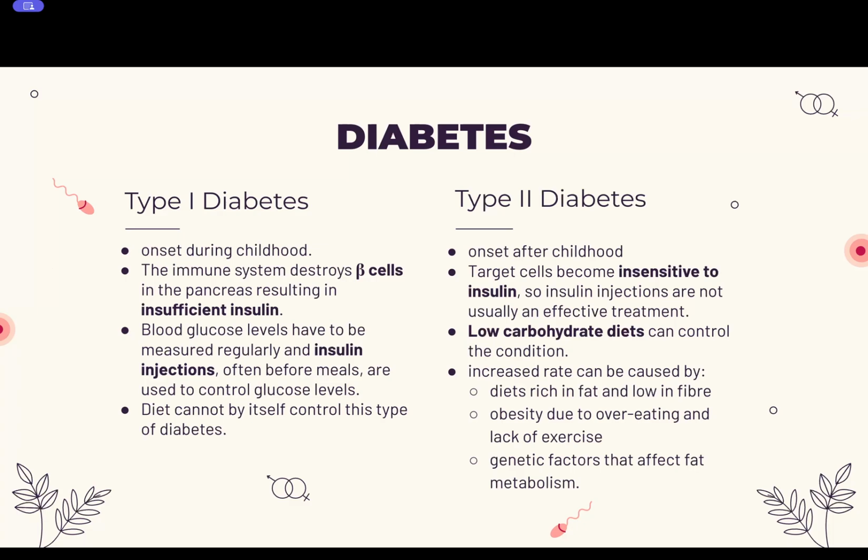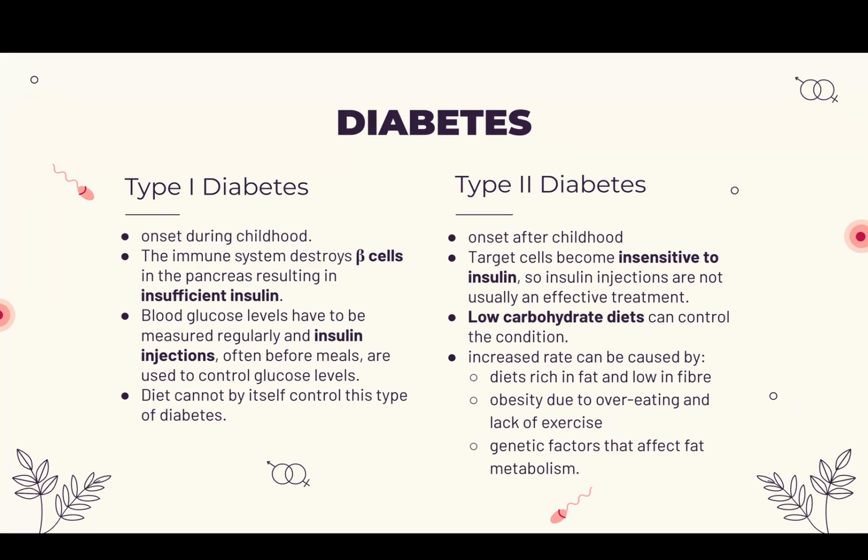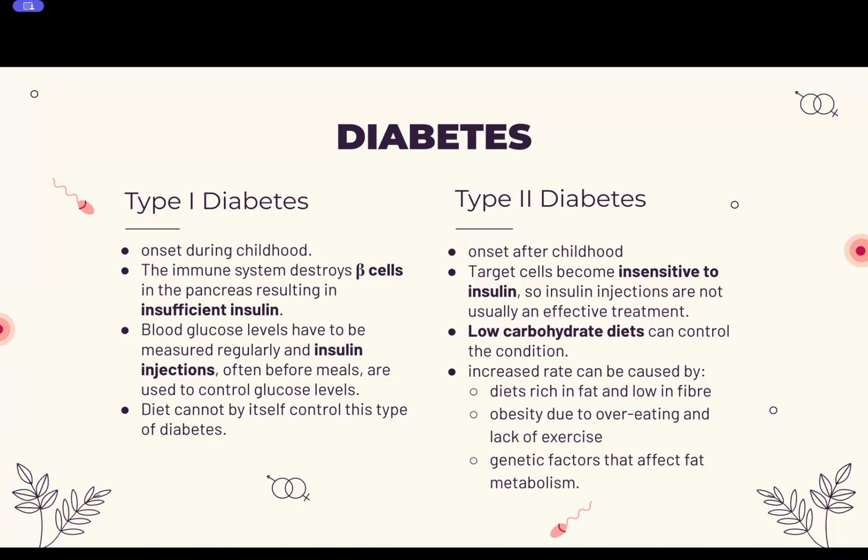Diet by itself cannot control this type of diabetes, because high blood sugars can occur even if you're not eating high sugar content foods, because there's just no insulin at all, and it's not like there's an insensitivity to insulin, which is what type 2 diabetes is.